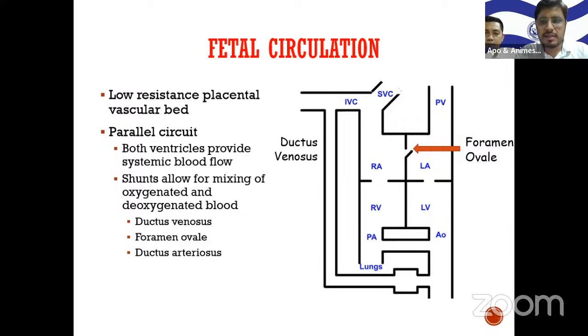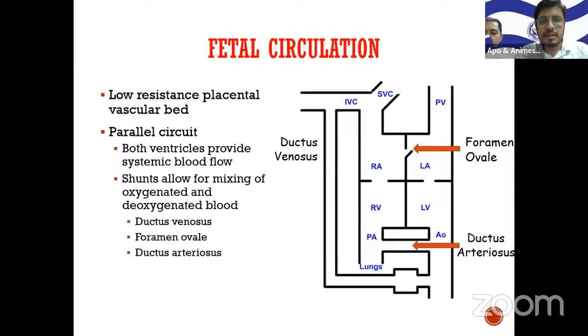The next shunt is the ductus arteriosus, which is a vascular connection between the pulmonary artery and the aorta. Since it is a vascular connection, it allows blood flow from either side, but the flow is directed as per the pressure gradient.